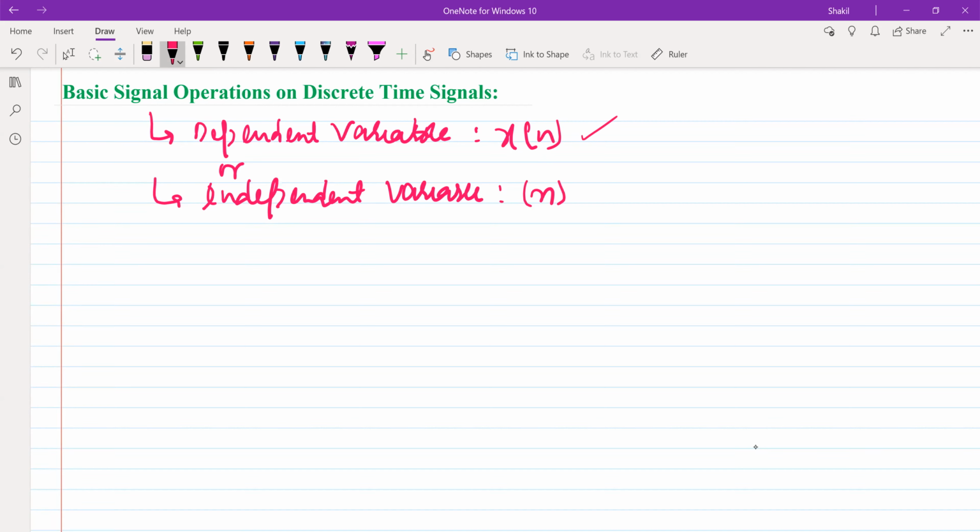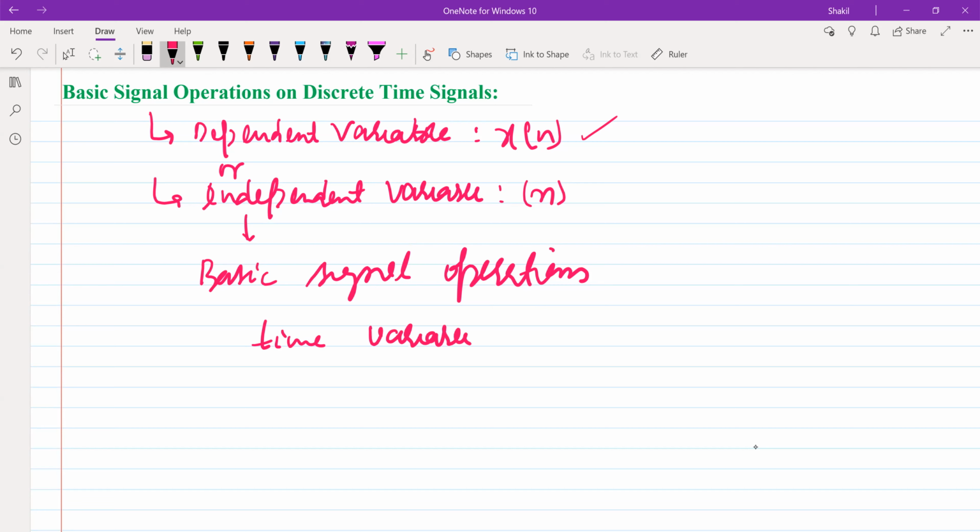In this video and the next few videos, our goal is to concentrate on basic signal operations which manipulate the signal characteristics by acting on the independent time variable, or variables, which are used to represent this signal.